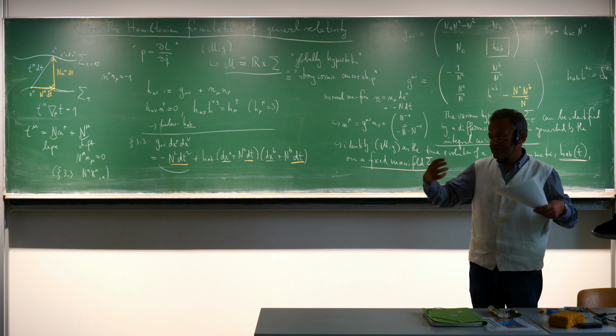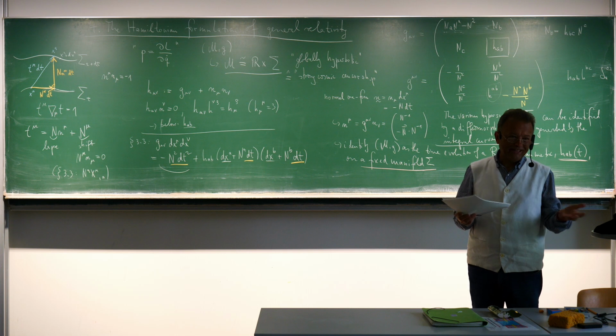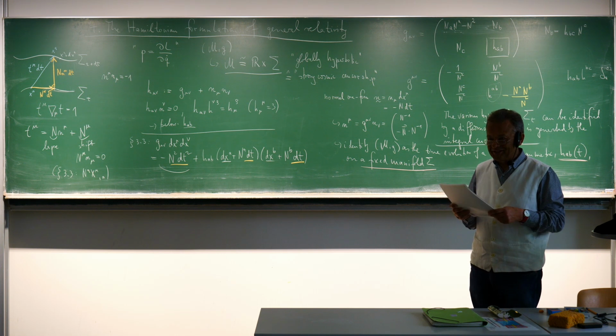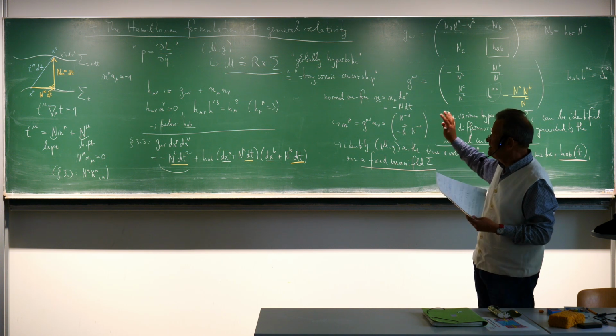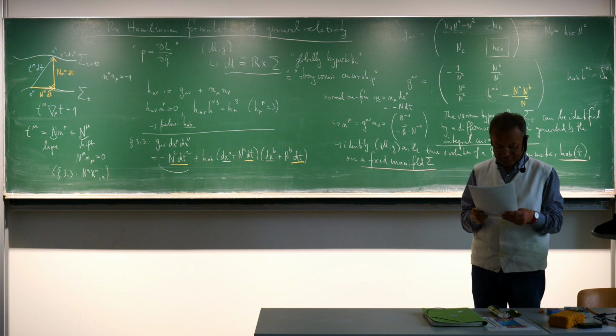So you somehow liberate yourself from this picture that you already have a space-time that is a solution to Einstein equations and that we just rewrite. Although classically, if you only do classical physics at the end, they are equivalent.